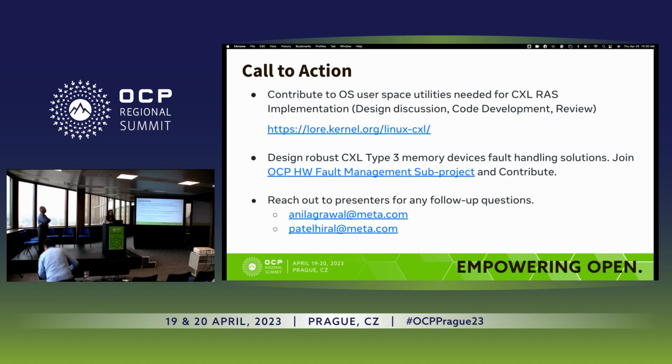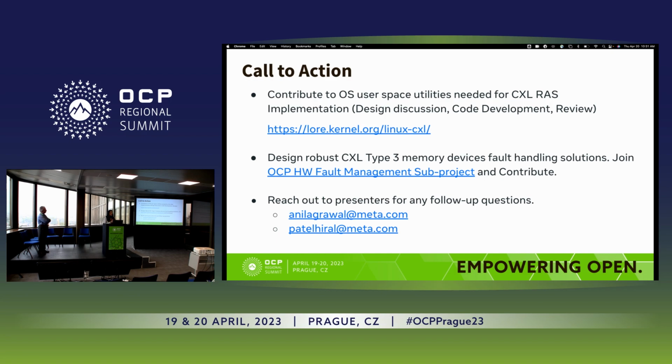Now, call to action. As I mentioned, the CXL spec is still moving, and there are a lot of gaps in the spec and in the CXL PCI driver development. We are working with the community to have a robust implementation, design discussions, and code development and review process for CXL RAS.